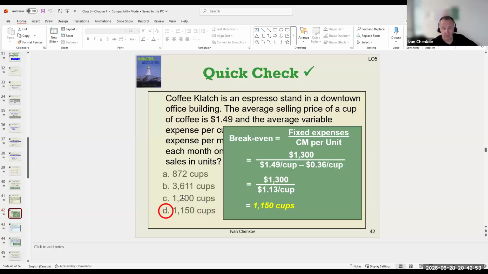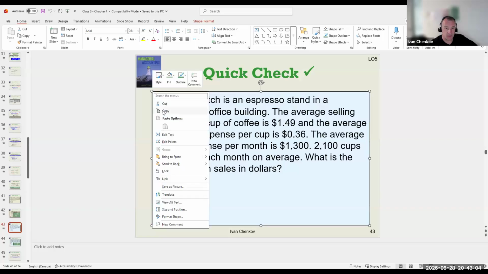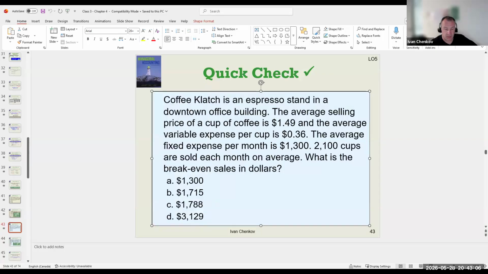Let's go back to our slides. 1,150 coffees. So what will be the break-even in sales in dollars? If we have to get the sales in dollars, again, let's go back to the Excel spreadsheet.